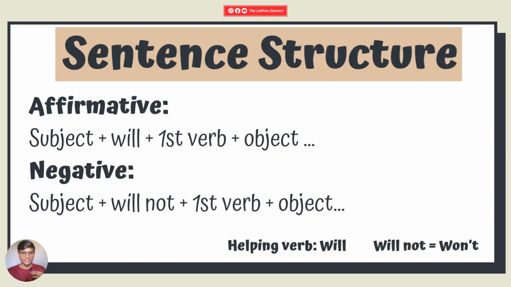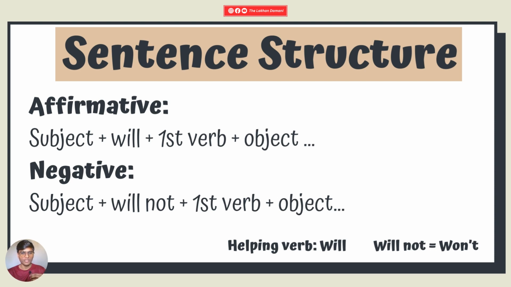The most interesting part is the sentence structure. If you understand how to structure the sentence, you're going to speak grammatically accurately. So: subject, will, first form of the verb, and object, and the negative is the same. She'll not, right?